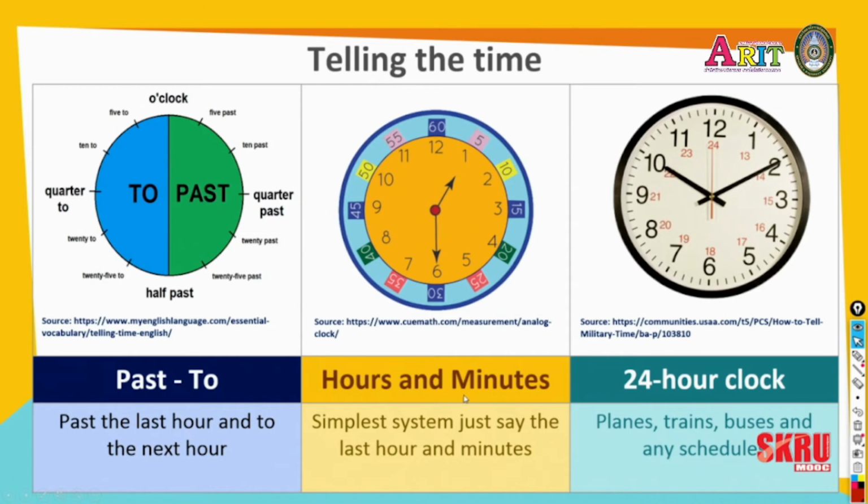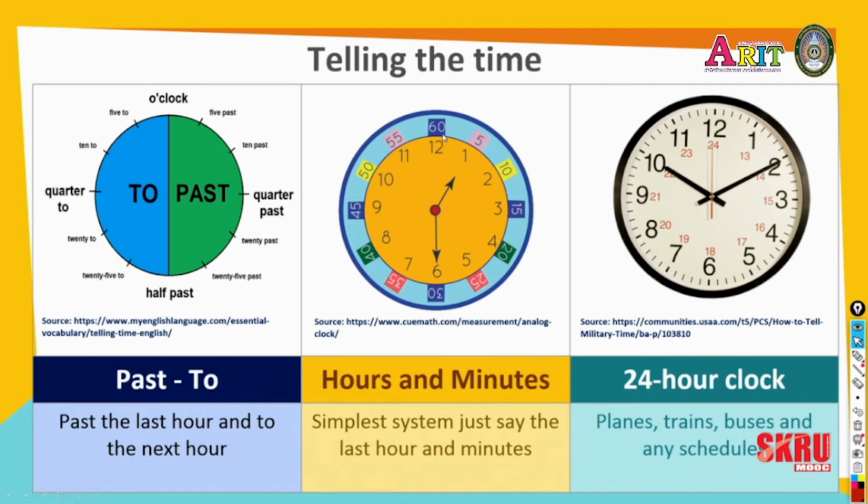The hours and minutes system, this is really the simplest way to say times and is pretty straightforward. Again, it just uses a 12-hour clock. On the clock, you can see the hour hand, the short hand, at 1. The long hand is pointing at 30. So the inside number's the hour, the outside number's the minutes.